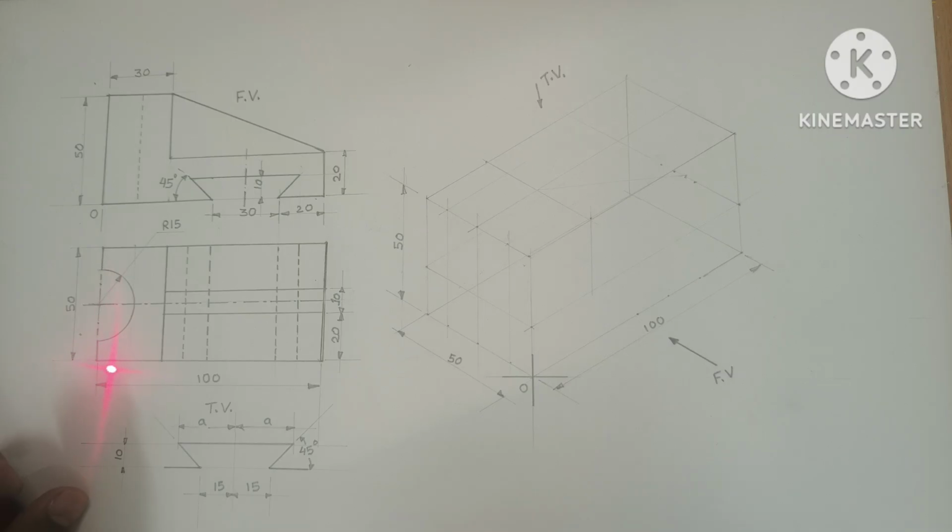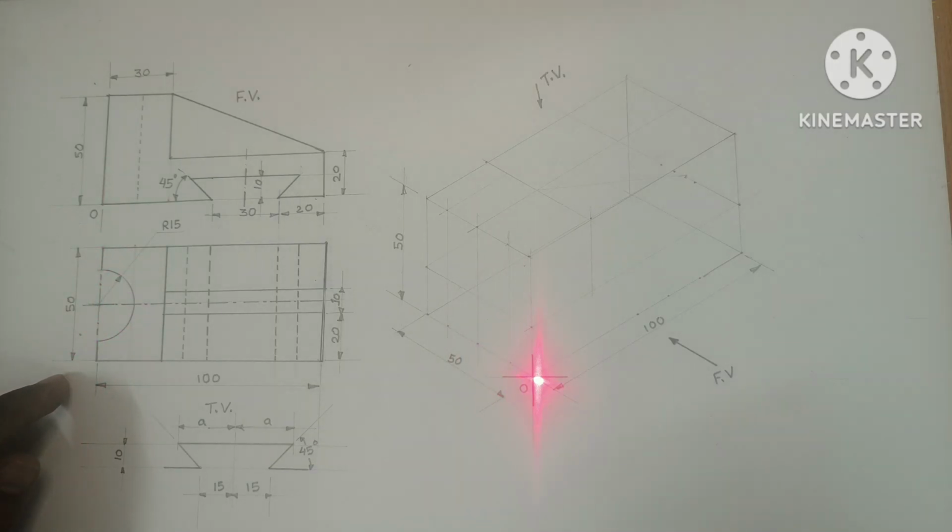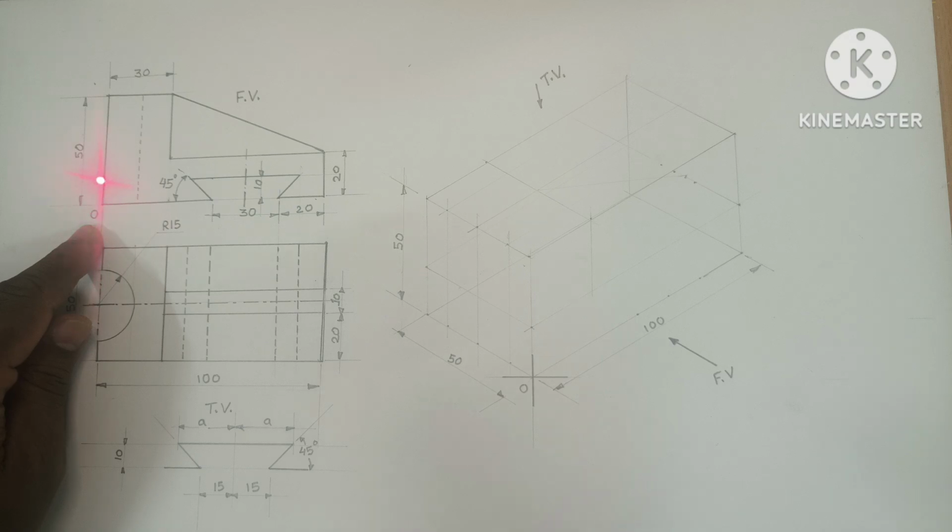In the top view, this distance is 100, and from O point towards the left side, the distance is 50. Hence from O point I have drawn the 50 millimeter faint line. Then from O point up to this point, the height is 50 millimeter.